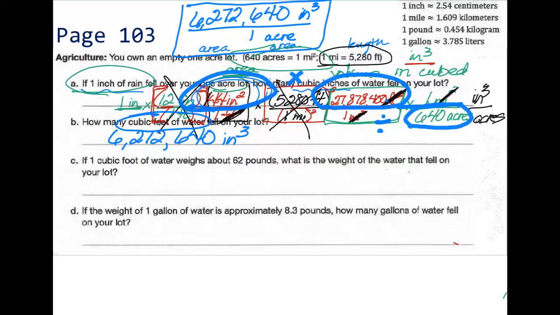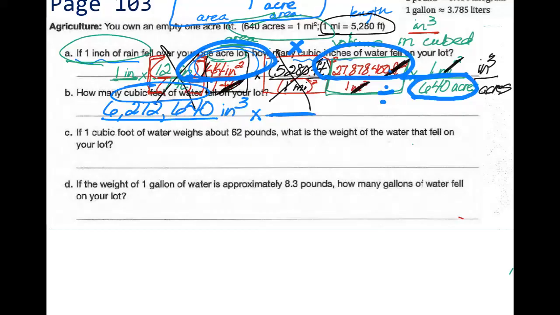I don't want to have inches left. So that's going to go on the top, and I need an equivalent ratio. If I don't want inches to be on the top, where do I need to have my inches for this ratio? On the bottom. So this is inches, and we know that there are 12 inches in 1 foot, correct?